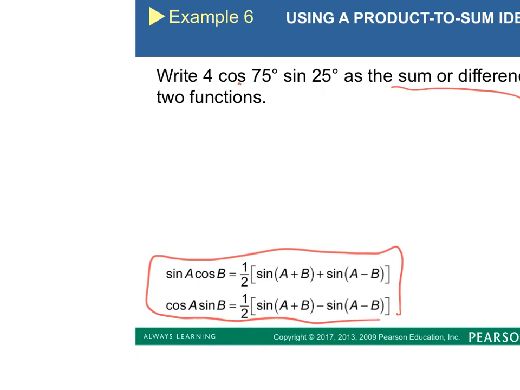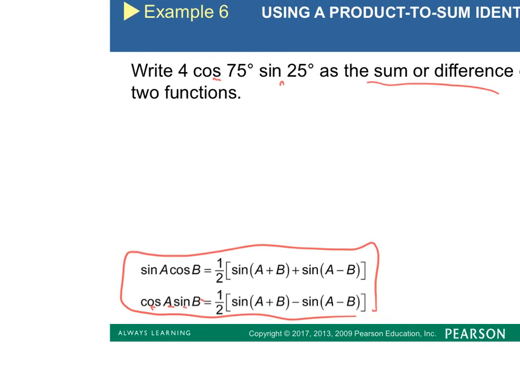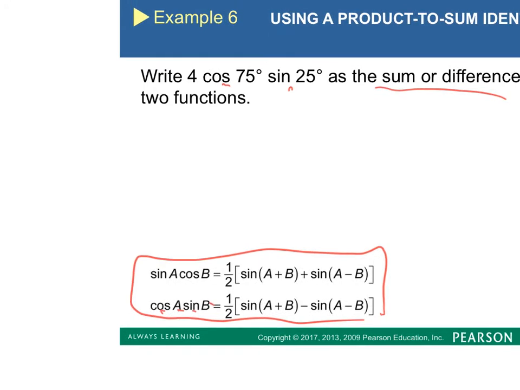Well, I have a cosine times a sine, A and B. You probably could use both of those, to be honest with you. So, looking at this one right here, I've got to get rid of that 4. So obviously that 4 has to be factored out.